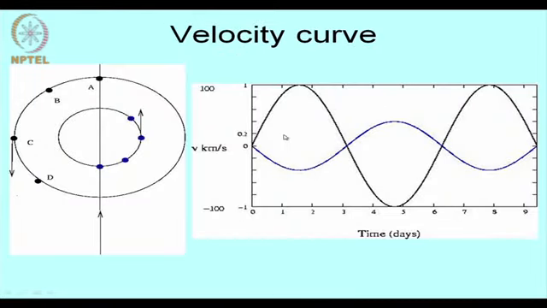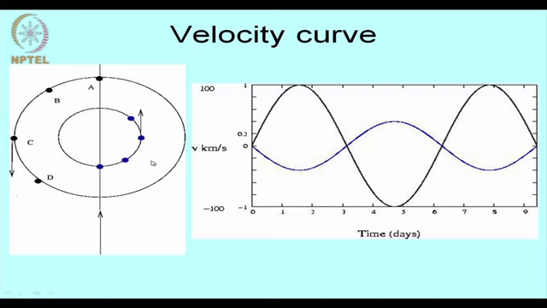So, what we have considered over here is a circular orbit. In general, even if you have a circular orbit, it will not be viewed exactly edge on; there will be an inclination angle effect.